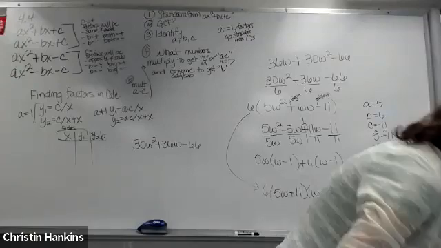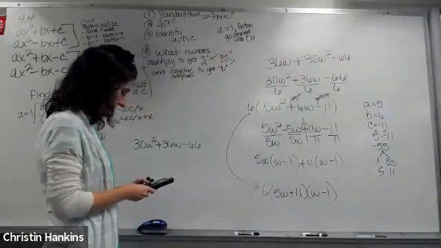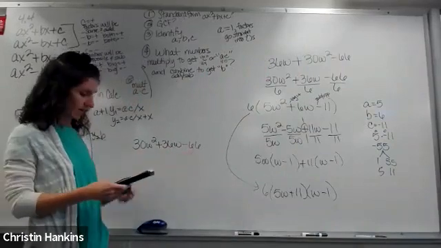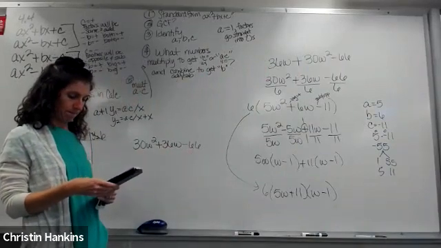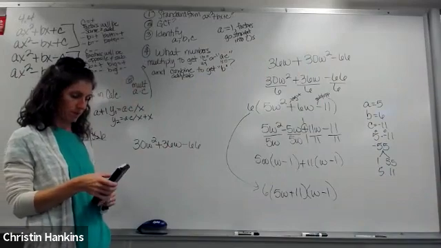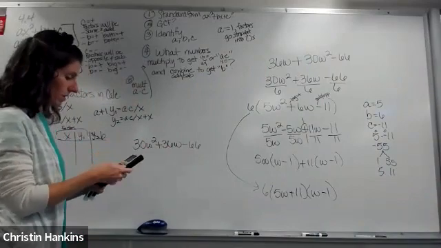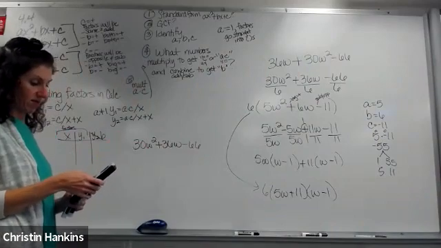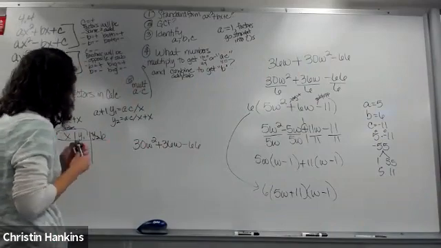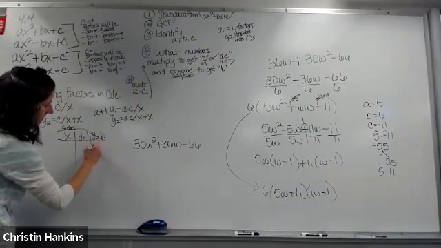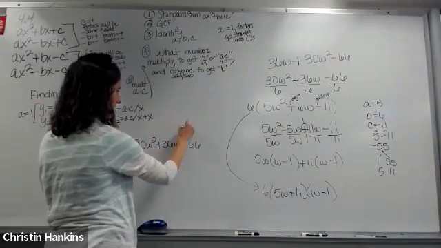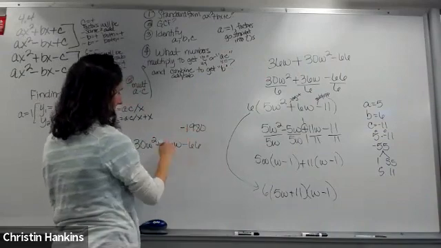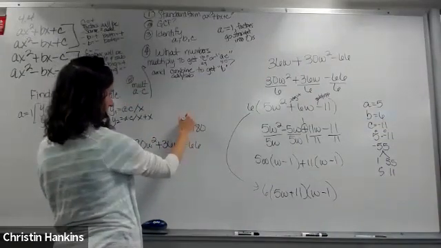I want to see what these factors are, because I do need 30 times negative 66. Big one. So in my calculator, I'm putting in negative 1980, this is A times C.